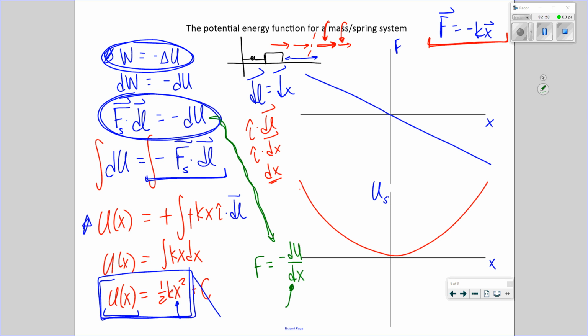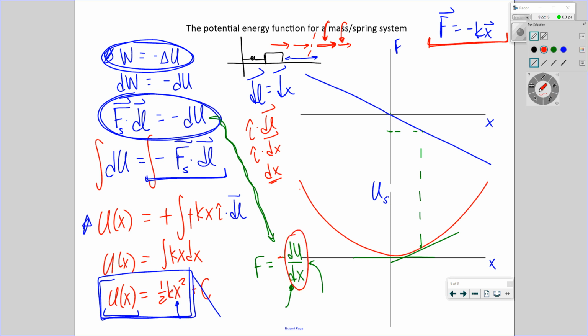All right, well, check it out. Derivative means slope of, right? Well, look, here's a slope of 0. Yeah, we get a force of 0. We get a smallish positive slope right here. Well, guess what? We get a smallish negative force there, right? Here's slope, here's negative of slope.